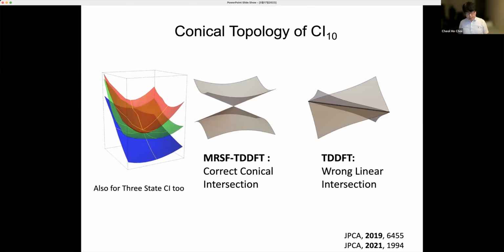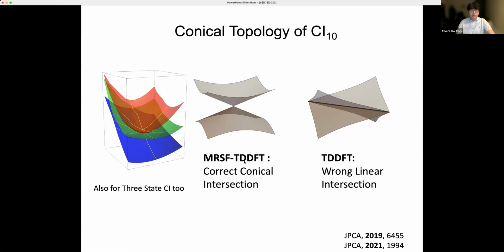Okay, so from now on, let me tell you about the performance of these theories in terms of conical intersections. We know that a conical intersection has to meet at one point, and that's why it's a conical intersection. Even though you locate the conical intersection, you really have to check whether this is a cone shape.